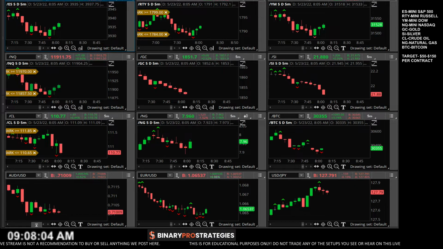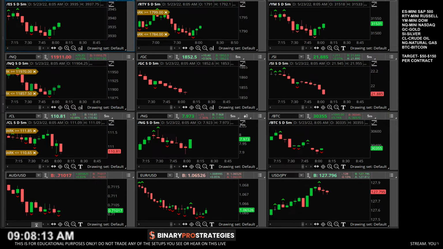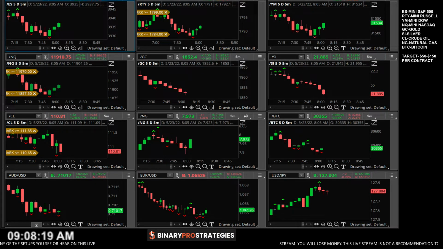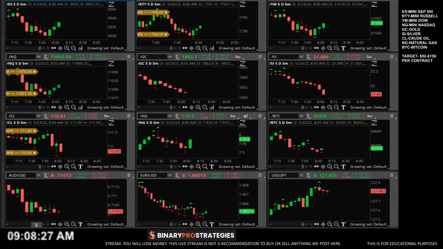Natural gas is getting a buy. Keep in mind, I am trying to keep up with 12 different markets here, so I'm going to call some of these out late, but once again, I'm trying to demonstrate here. If you're going to trade on your own, you have to understand how it works so you can make sure that you're entering at the right time. But I'll give you the target on natural gas anyway.